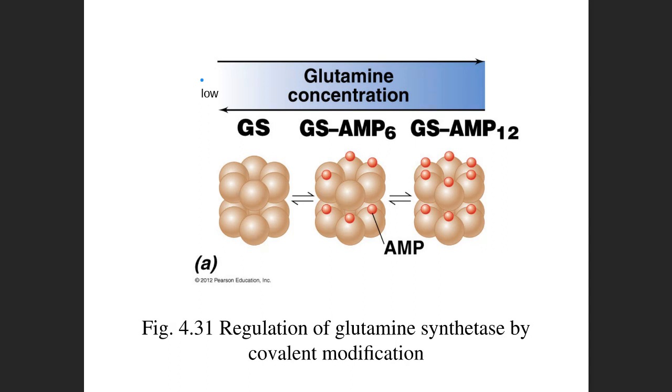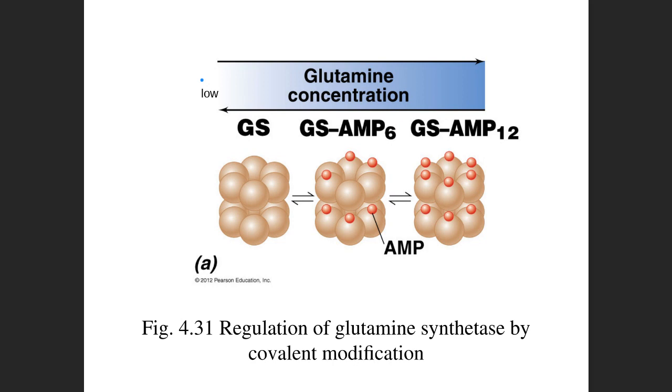Obviously, if you have a high concentration of glutamine, do you still want to make more glutamine? No, right? So the glutamine concentration needs to be maintained at a certain level. And in this case, this enzyme can be modified by 12 different AMP groups.